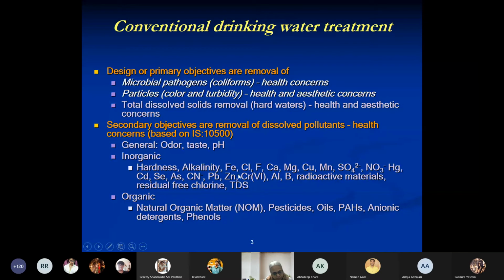Then you have other examples. You have iron, copper, manganese, aluminum, boron, radium, and that's it. These are the other metals which are good at low concentration. When you talk about mineral water, many people say, oh, mineral water is good for your health, right?